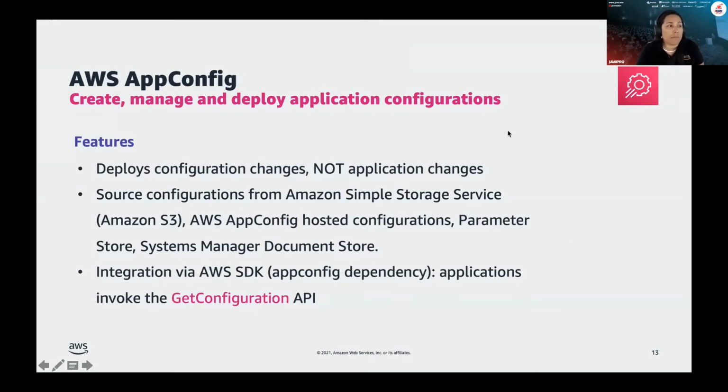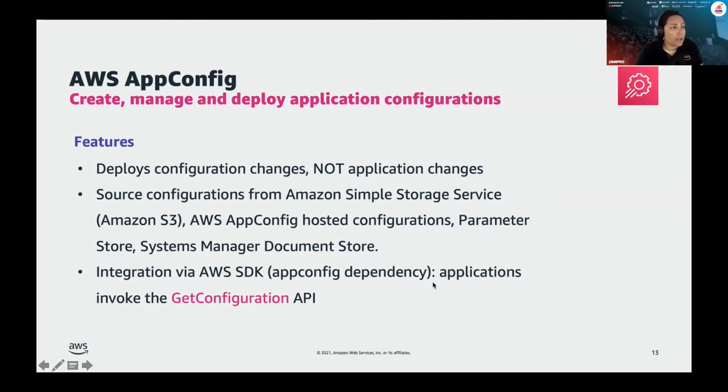Systems Manager document store is another option that's provided. So you have multiple sources where you can store your configuration, and AppConfig will pull that configuration from those, or it can also store the configuration for you in a string form, in JSON, in YAML, or also key-value form.